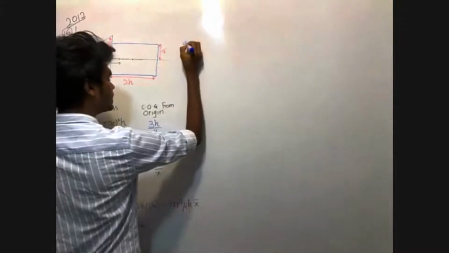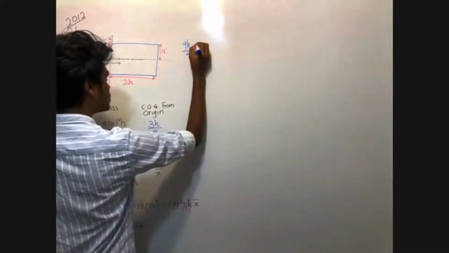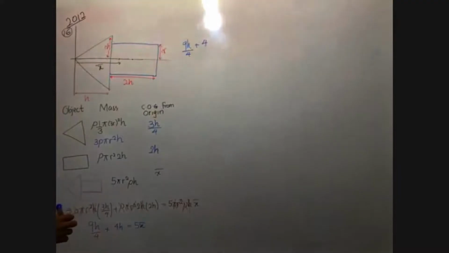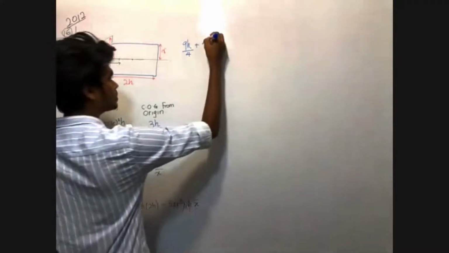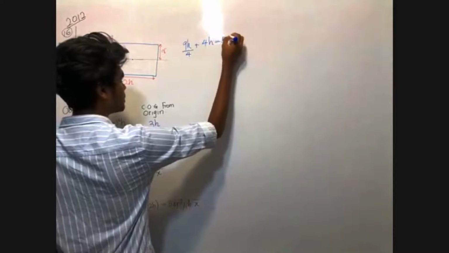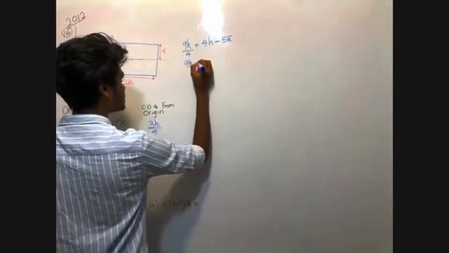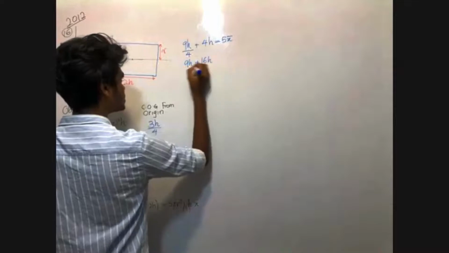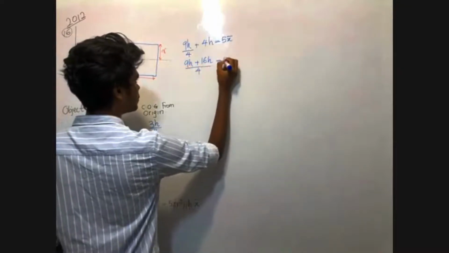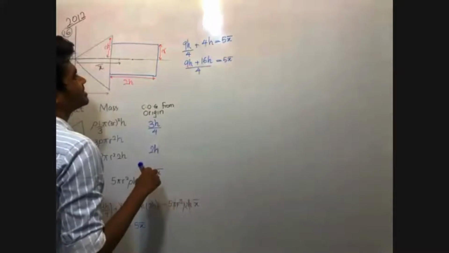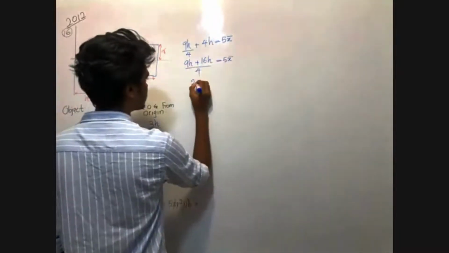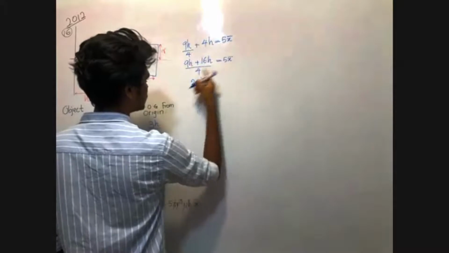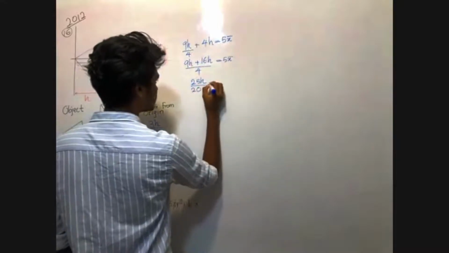So let's simplify this, what we call the simplification. 9h over 4 plus 4h equals 5x bar. So 9h plus 16h over 4 is equal to 5x bar. So this is 25h, and this is 20 x bar.